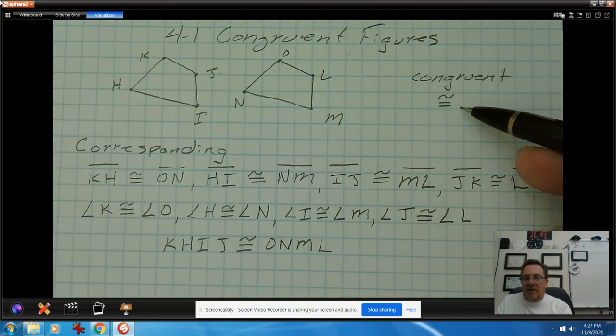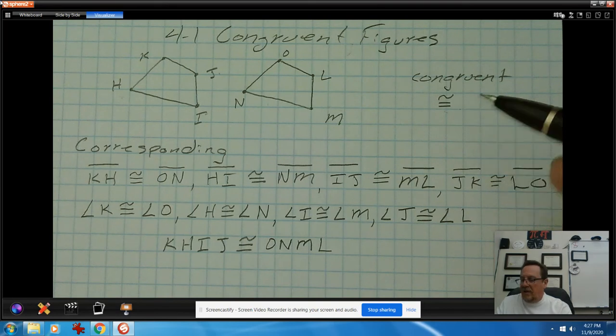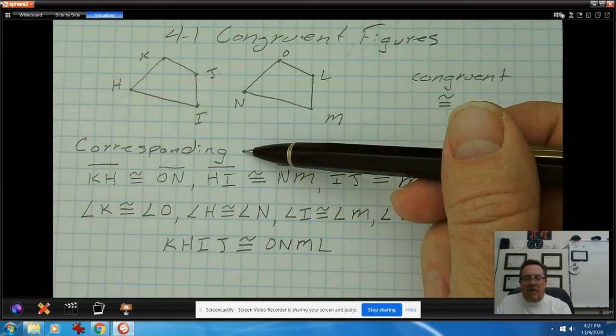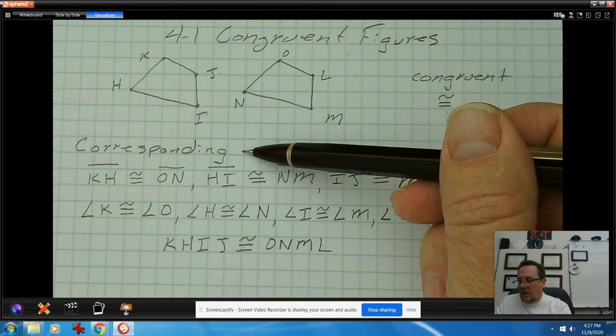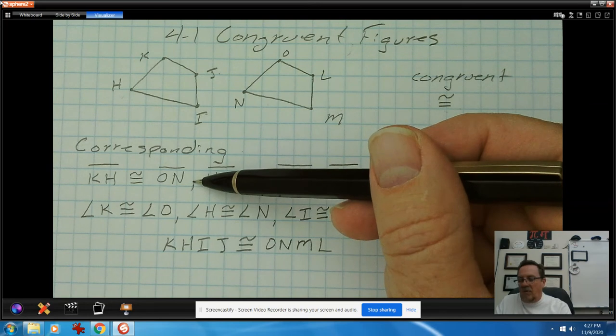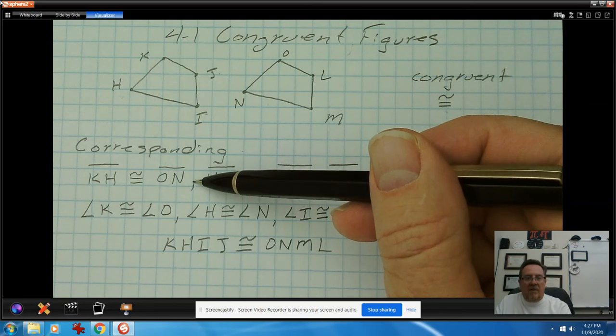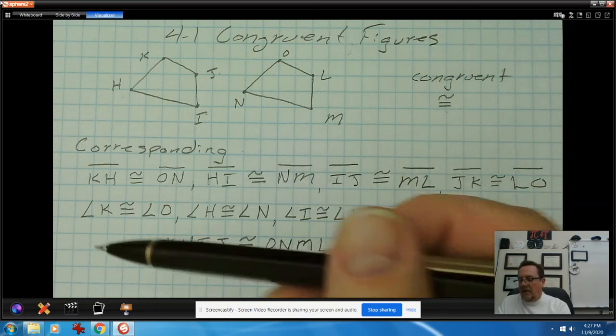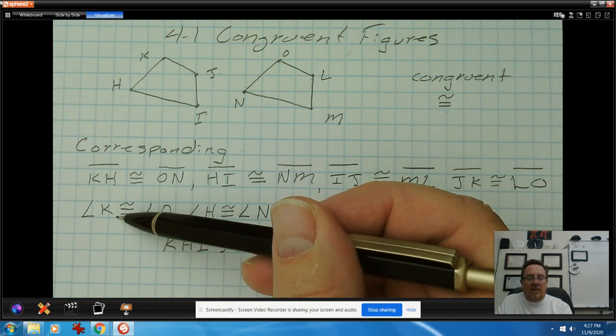The congruent symbol looks like this. If two figures are congruent, then their corresponding parts are going to be congruent, and we could list those. Segments are named with two letters and a segment symbol above them. Angles are named with the angle symbol, and in this case, just one letter, right?